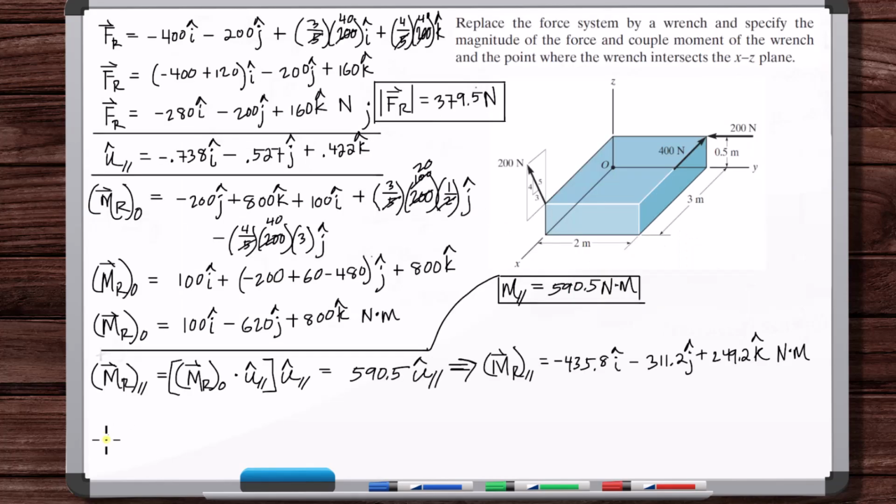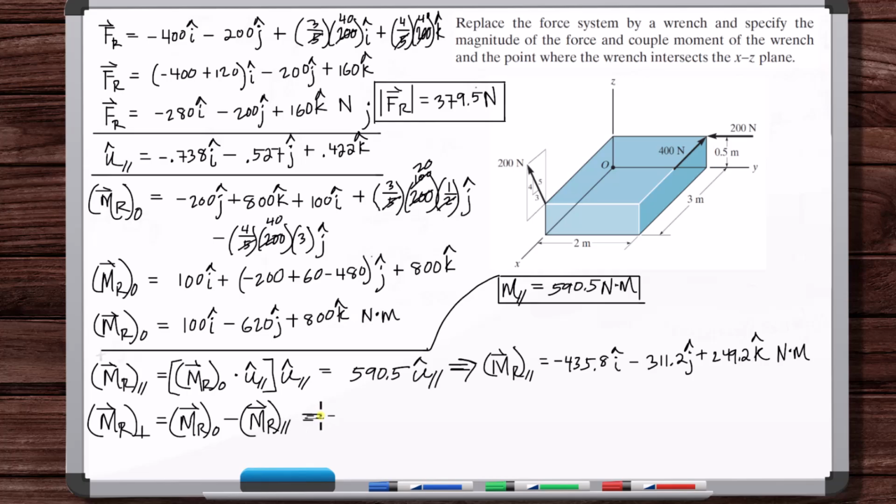So if we want to get MR perpendicular, we just say the main couple moment minus the parallel component, right? Because the perpendicular component plus the parallel component is equal to the main vector.